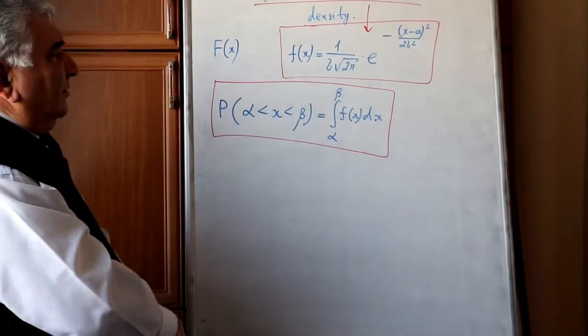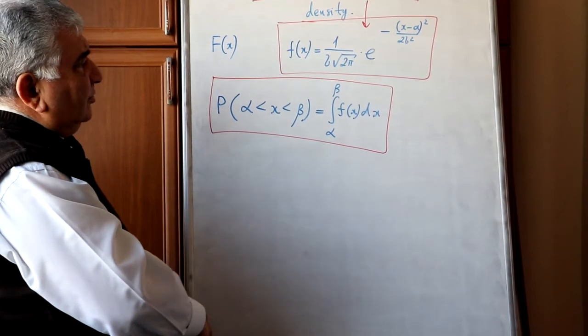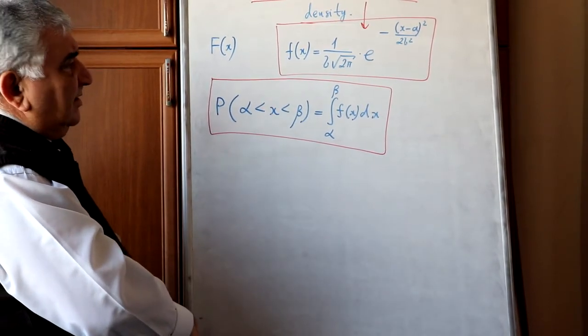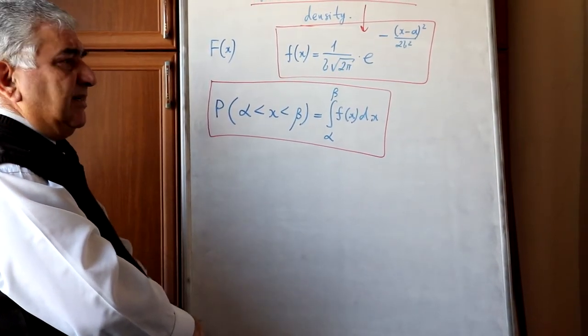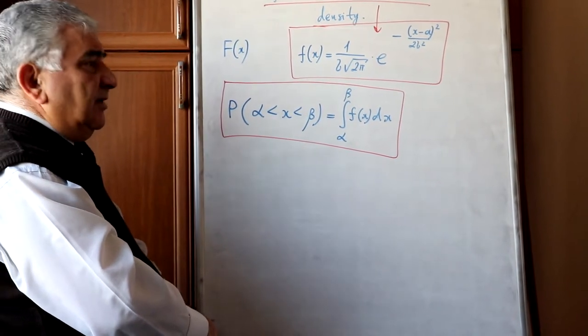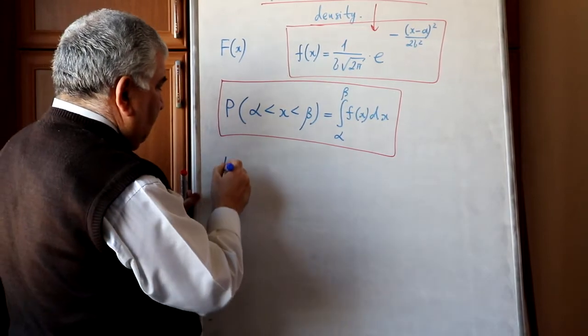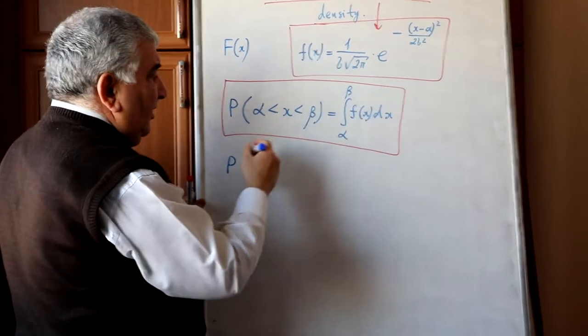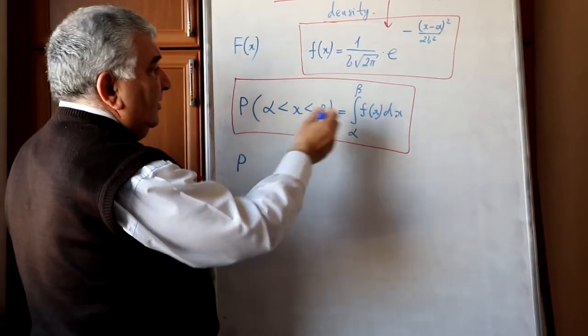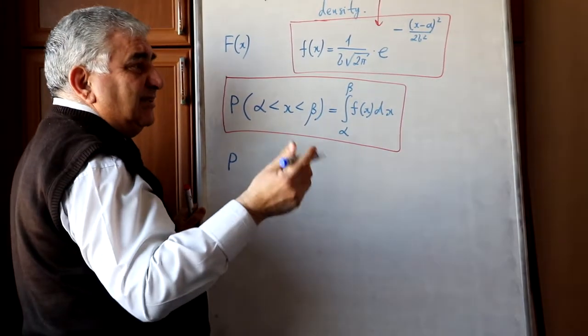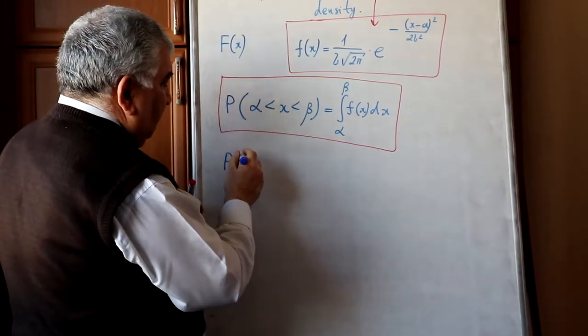And also you remember that this probability for the normal distribution has the following form. It is a general formula, but for normal distribution we obtain the particular case.